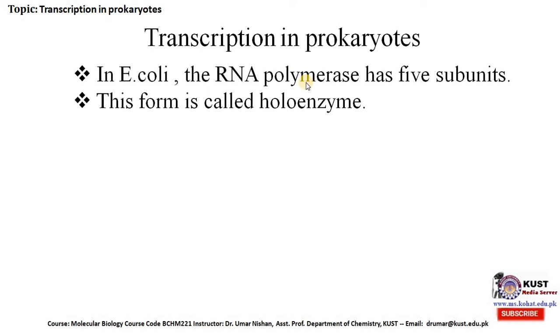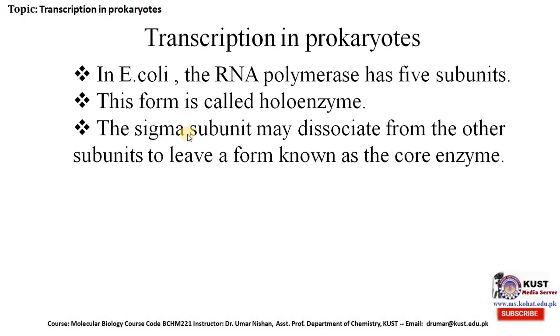This form of the enzyme, in which it has all the 5 subunits, is called holoenzyme. The sigma subunit may dissociate from the other subunits to leave a form known as the core enzyme.